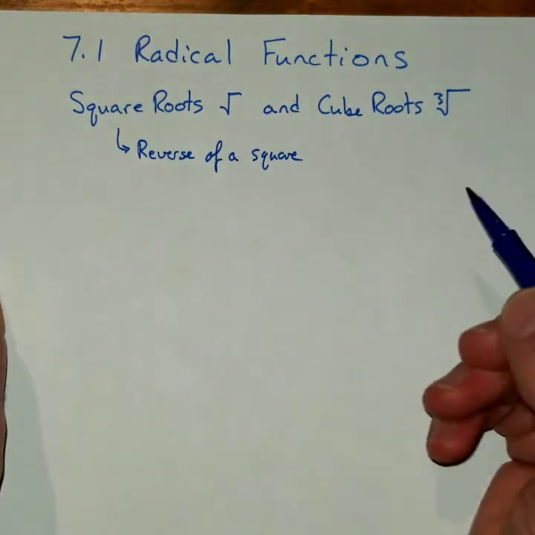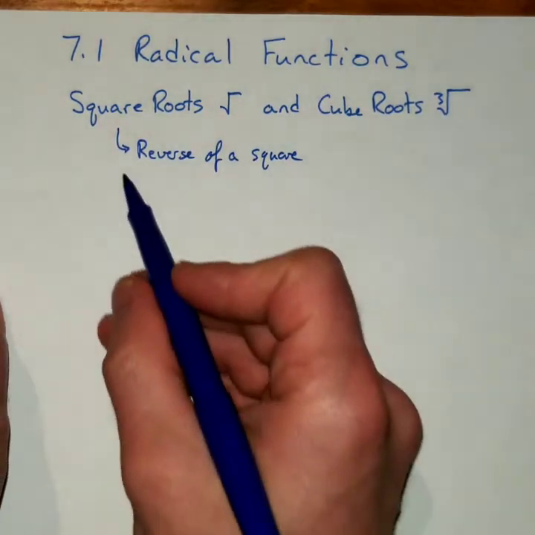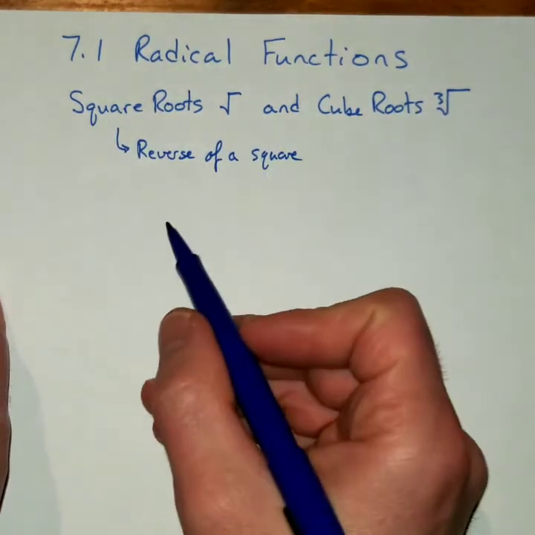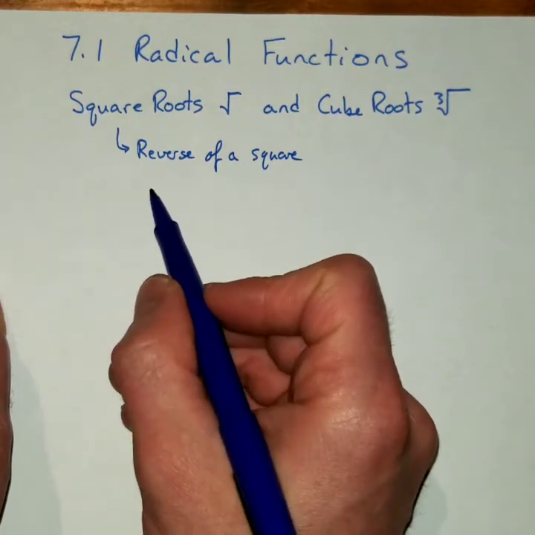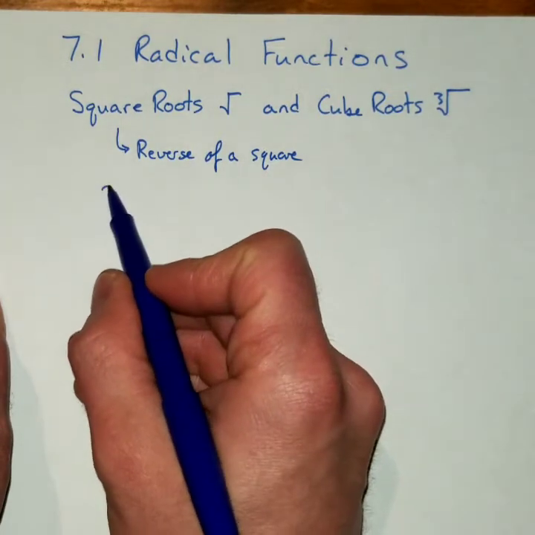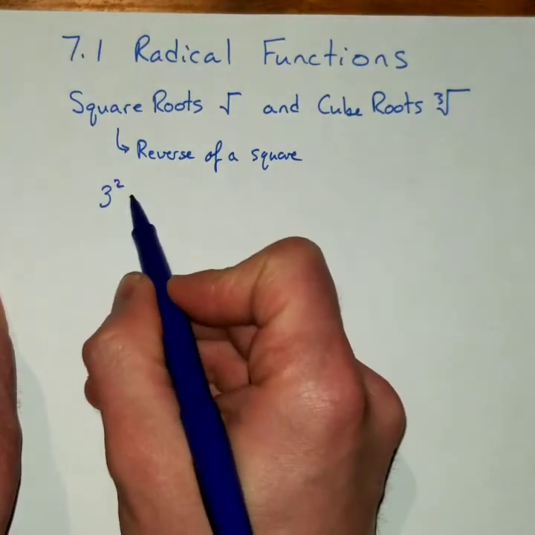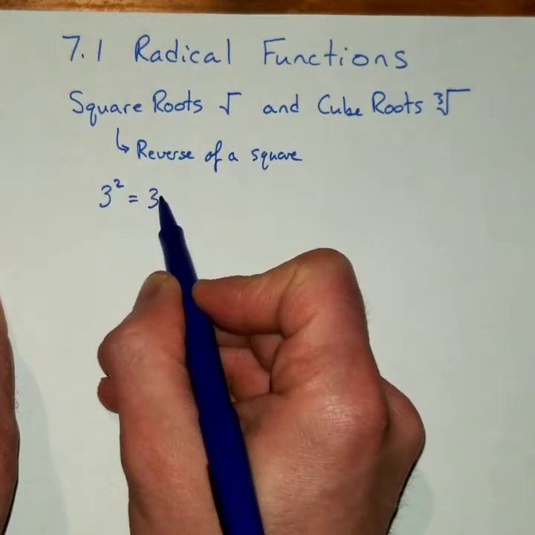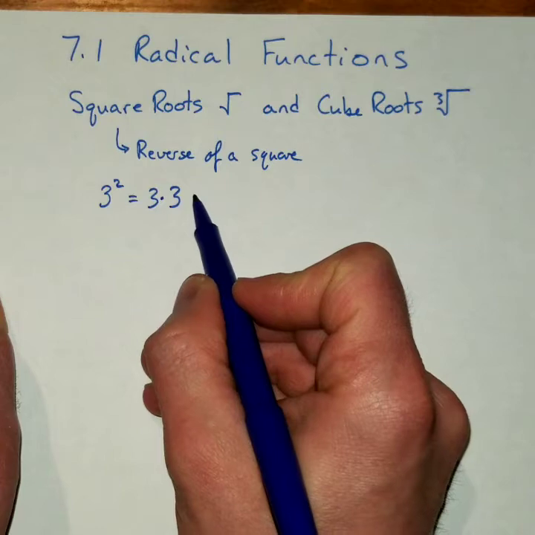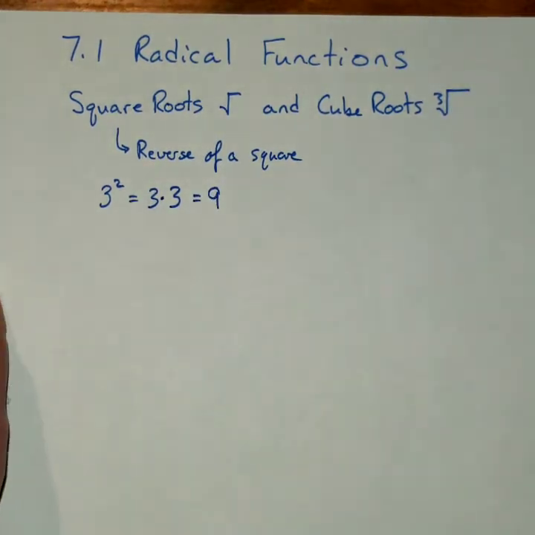And obviously a cube root is the reverse of a cube. I'll focus on the square for a moment, and then we'll take a look at the cube idea. So you know that squaring a number, like 3 squared, is that number times itself, which in this case ends up being 9.